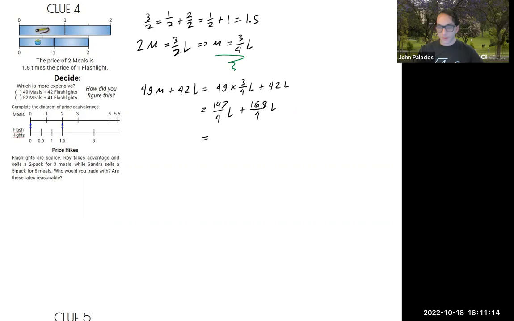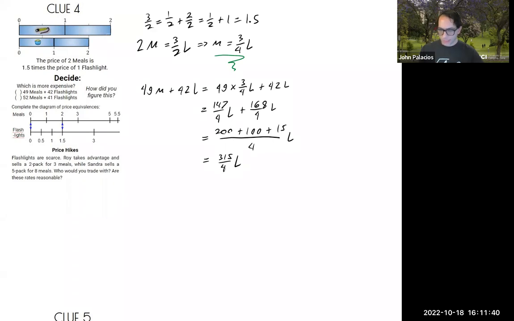We have 100 plus 100 is 200, plus 60 plus 40 is 100, plus 7 plus 8 is 15 quarters L. So this is 300 plus 15 is 315 quarters L.